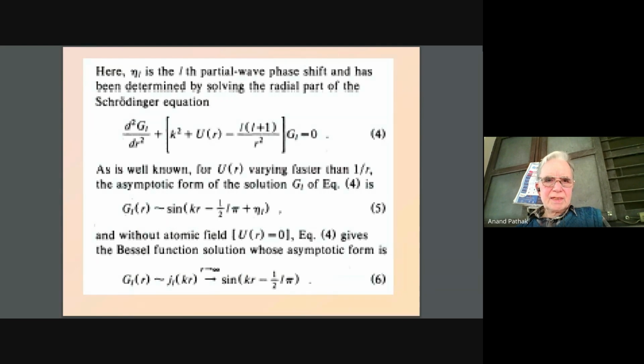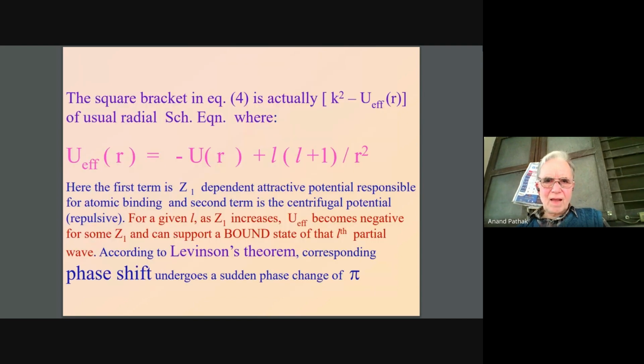So this is the standard equation, the radial part of the equation, k square plus U(r) minus L. So the effective potential is U(r), that is the potential due to the ions, and then the potential of the moving ion, and this is the centrifugal force. So this is minus U(r) plus L. So next one. Yeah.